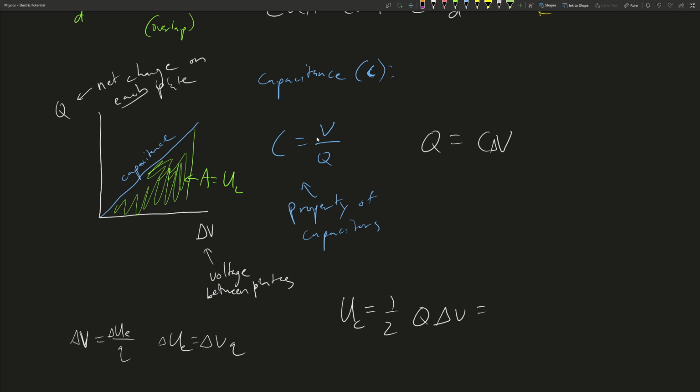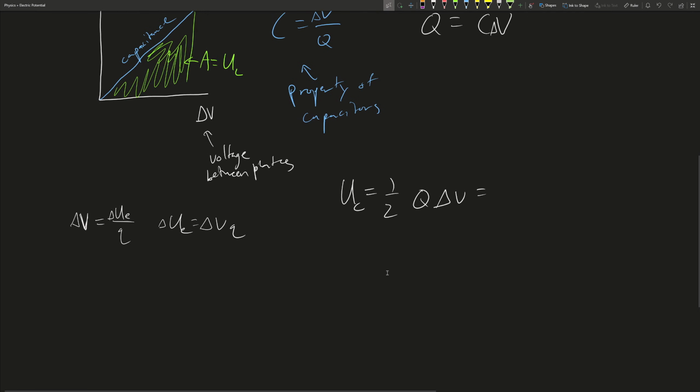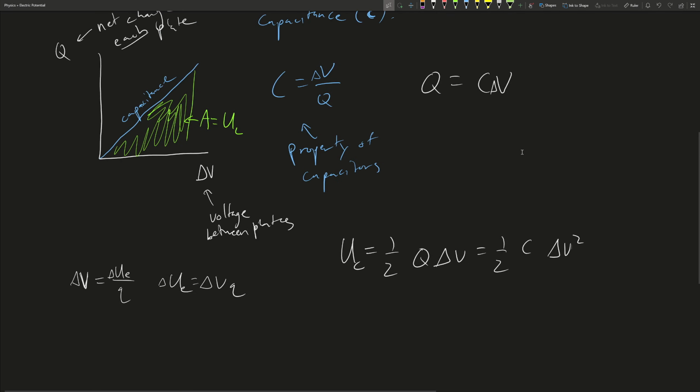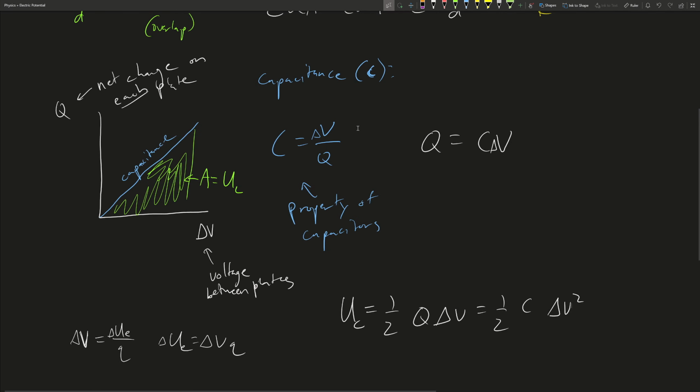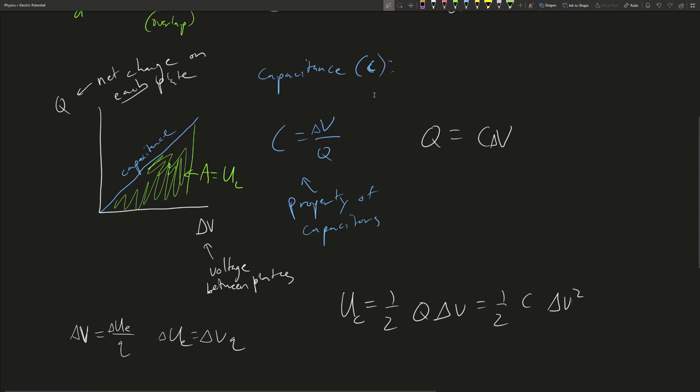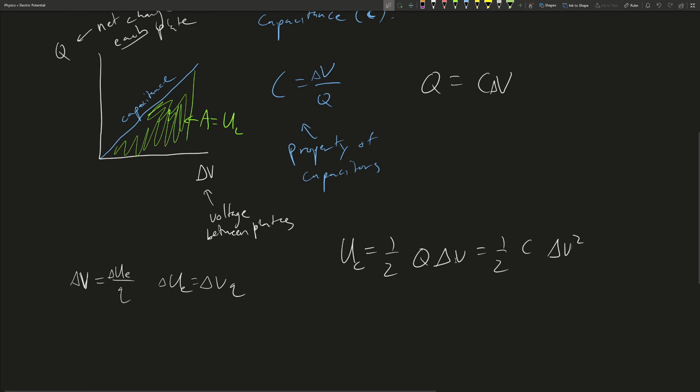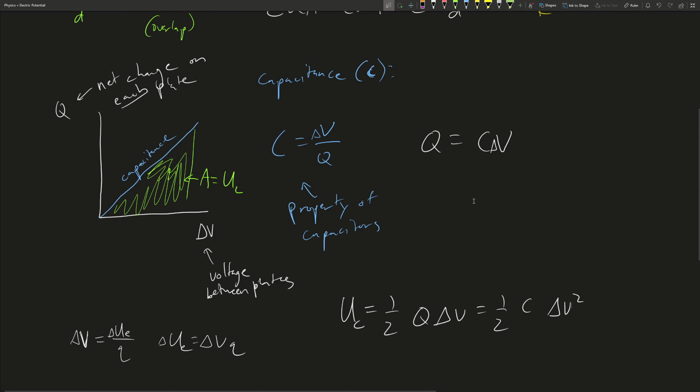So Q is equal to C times change in V, which means that the energy stored in a capacitor is also equal to 1/2 C change in V squared. So this is also how you can find energy of a capacitor. Or you can even substitute for voltage. So voltage is, sorry, as in Q.